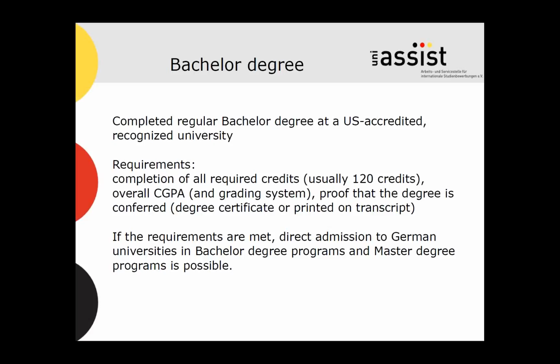Relevant information is that the degree was confirmed. If the requirements are met, then direct admission to a German university in bachelor degree programs and master degree programs is possible.